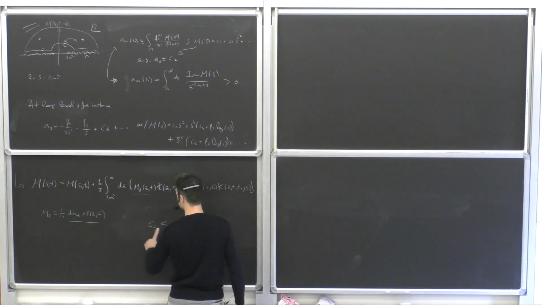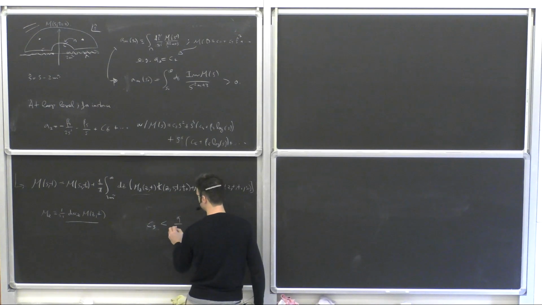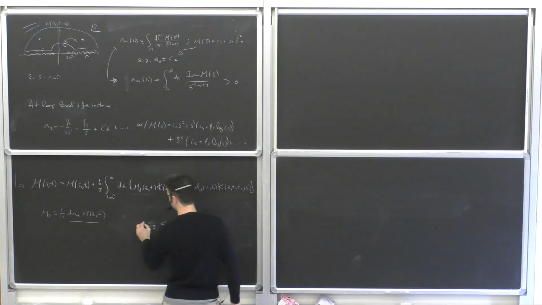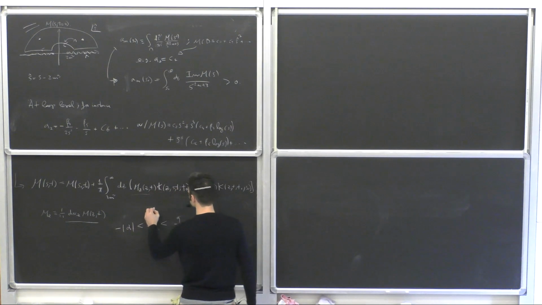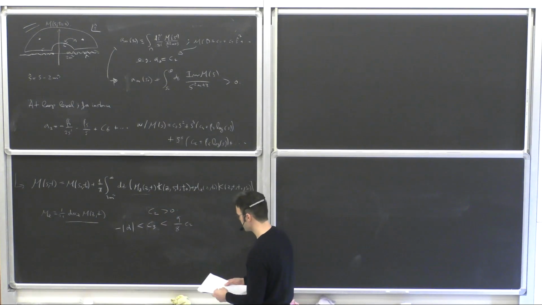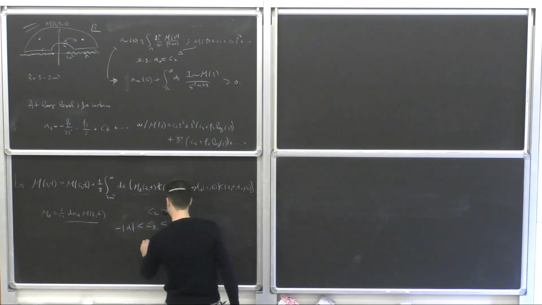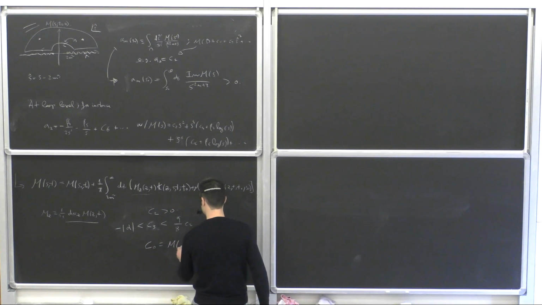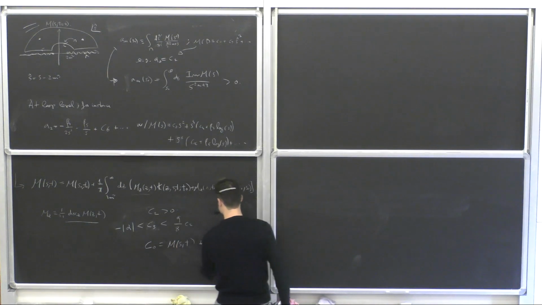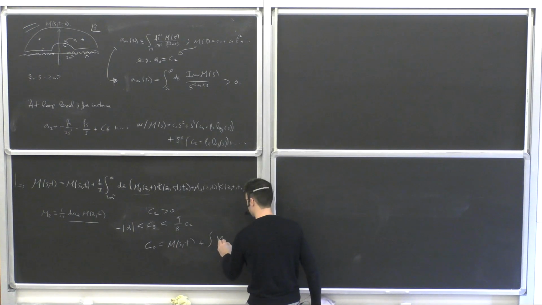We wrote C3 smaller than 9/8 C2, and I claim that it's larger also than some value, and we wrote that C2 was positive, okay? And let me quote from yesterday that C0 was equal to some non-positive constant, minus MT, plus some dispersive integral, okay?